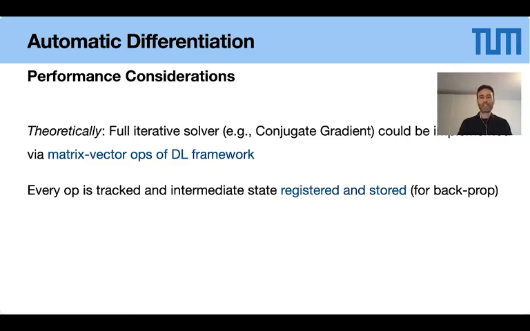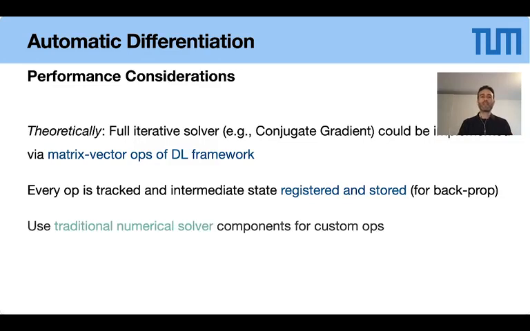Thus, in practice, it's actually a good idea to use custom operators that really only give the gradients at the right granularity, at the right intermediate steps, like after the pressure solve, after the advection step, to get a good performance. The first version could be a good starting point, can be nice for debugging.